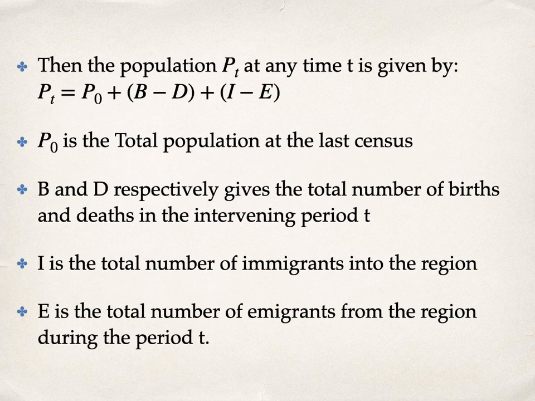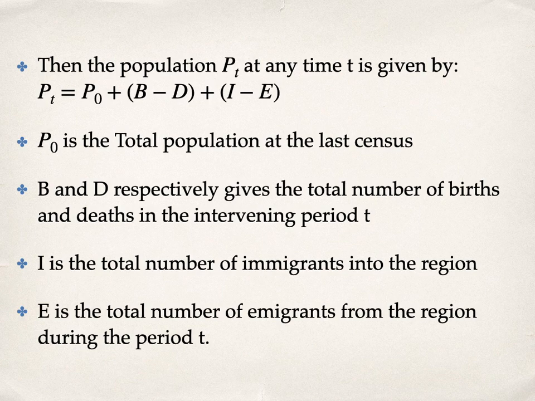Now, here is the equation for the population calculation. Pt is equal to P naught plus B minus D plus I minus E. This is a simple equation where P naught is the total population at the last or latest census.